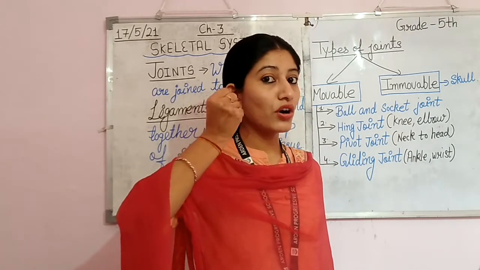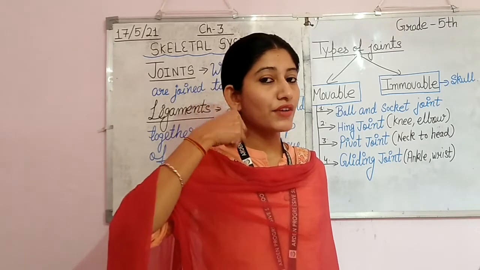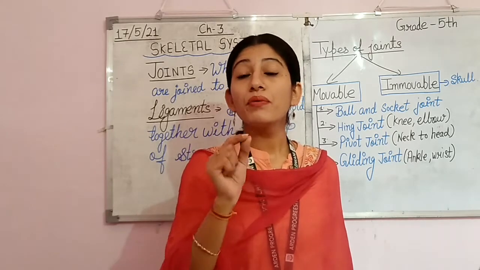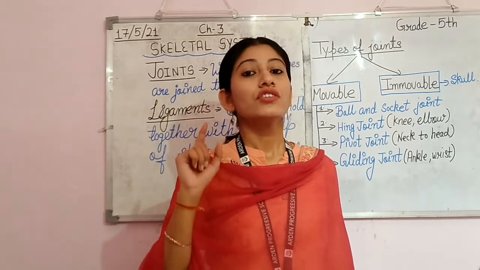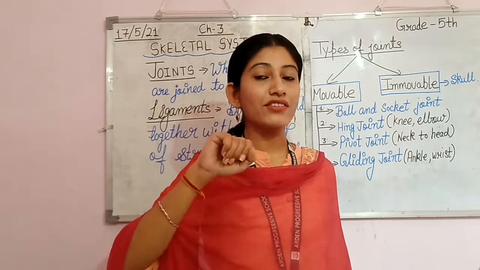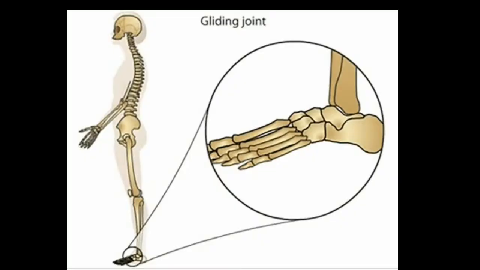That's why sometimes you also hear a small sound when you are doing this. Why? Because the bones are one over the other, so they are gliding over each other. Such gliding joints are available in our ankle and in our wrist. Okay.